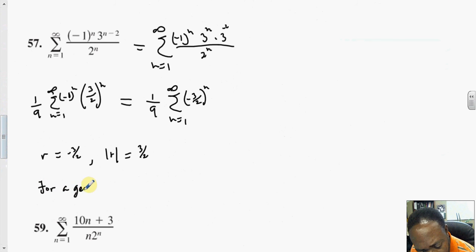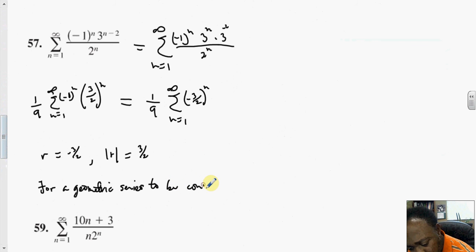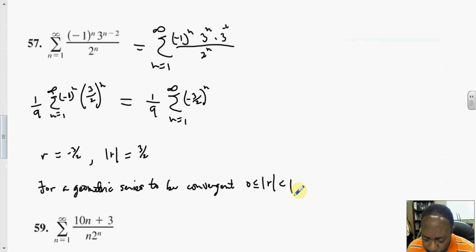For a geometric series to be convergent, 0 has to be less than or equal to the absolute value of r, less than 1. Otherwise, the series is divergent.